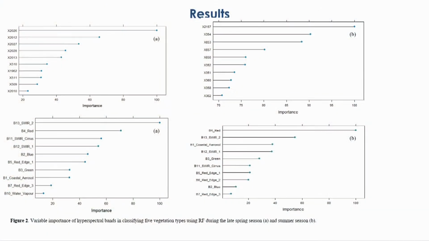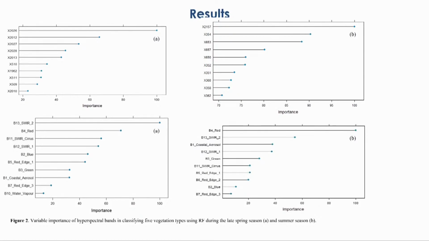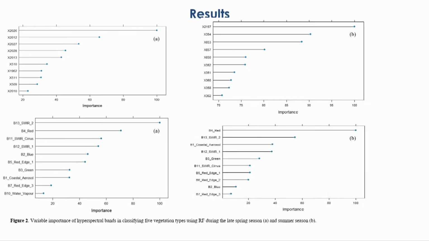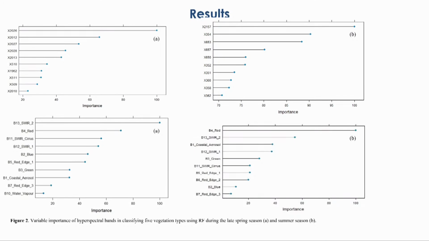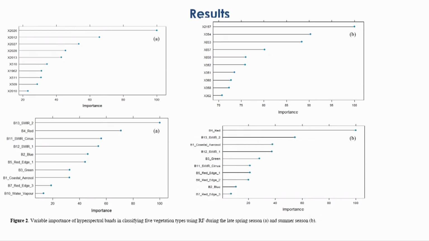Also, below here, I don't know if you can see my cursor, when we were using Sentinel-2 bands, we also observed that the important band was the shortwave infrared band. And during the summer season, we observed that it was the red band that was most important in classifying this Vachellia karoo.